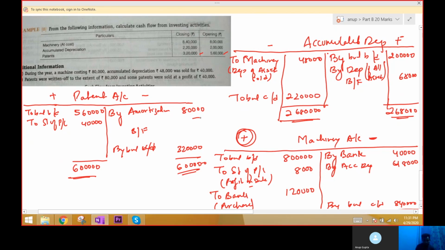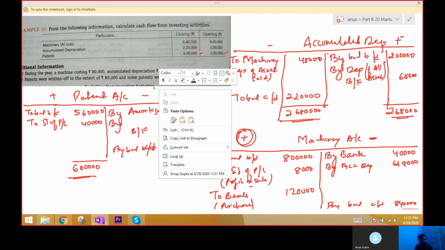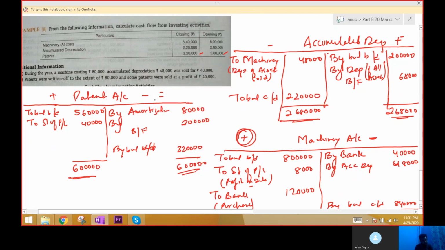Understand, the patent is decreasing either due to amortization or if you sell the patent. So you can write by bank, in bracket, sale of patent. Done. The working note is done.